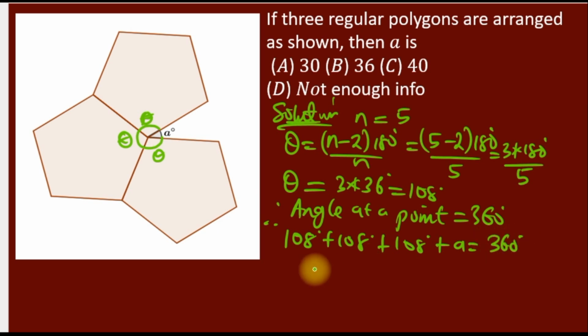And 108 plus 108 plus 108 is 3 times 108, which is 324. So 324 plus A is equal to 360.